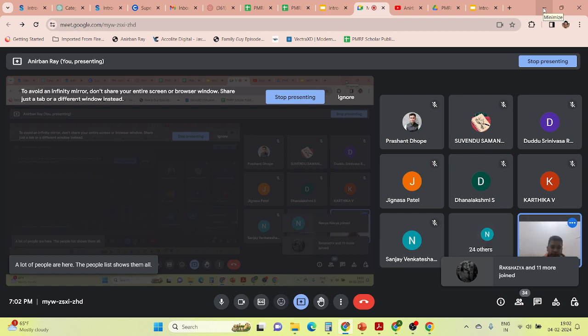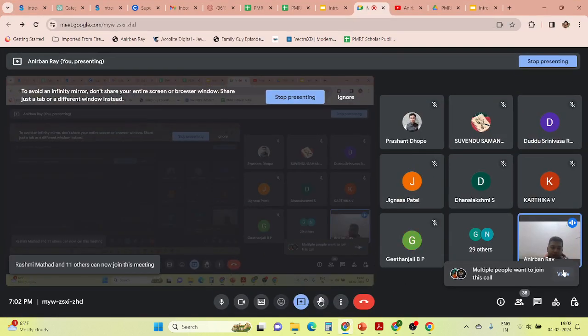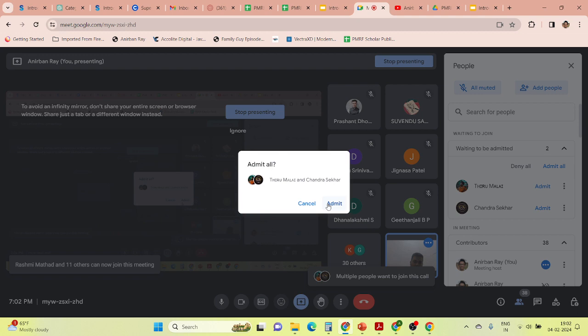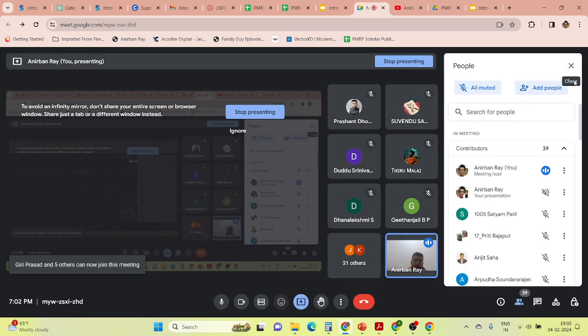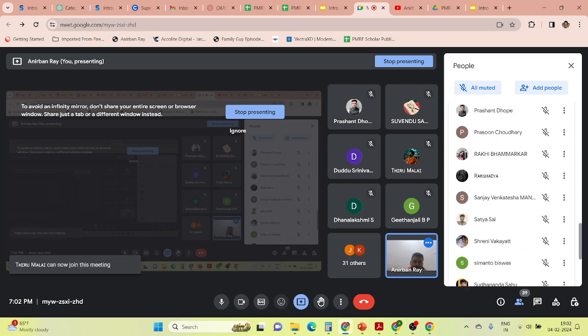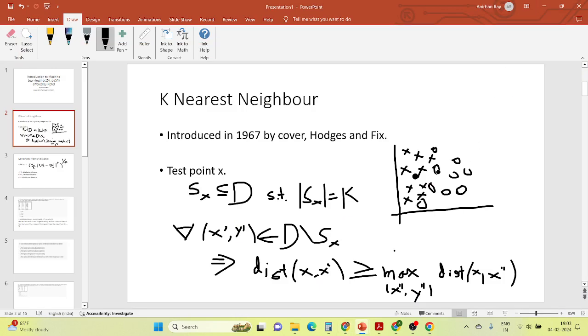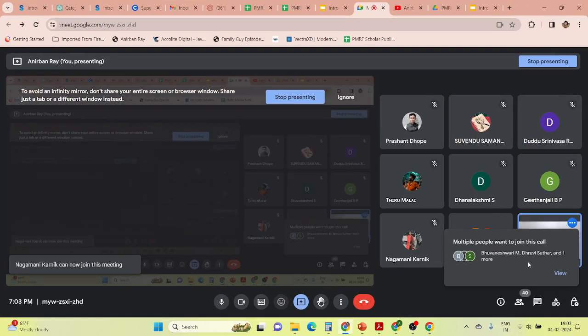You can unmute today and tell the answer. What can you say about this point? Is it a cross or is it a zero? Anybody willing to answer?